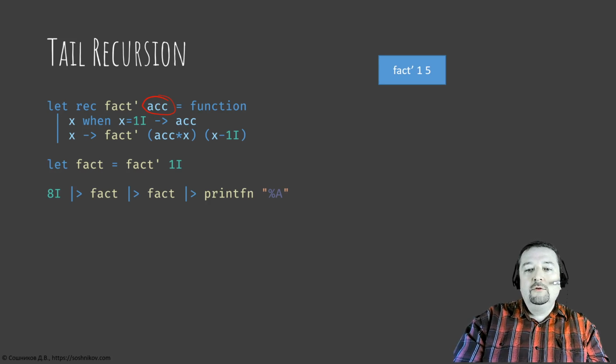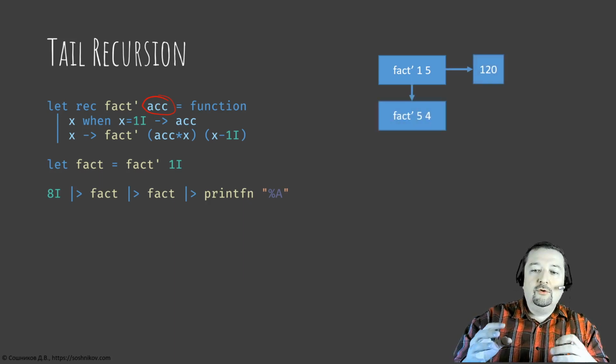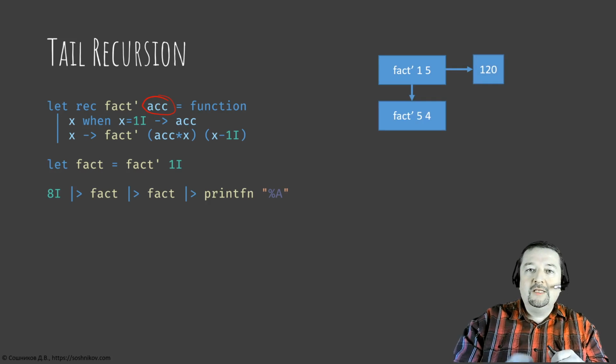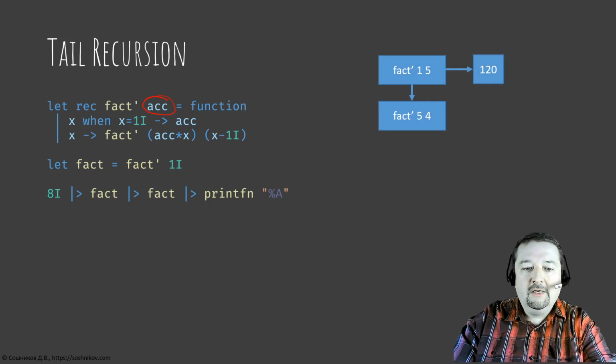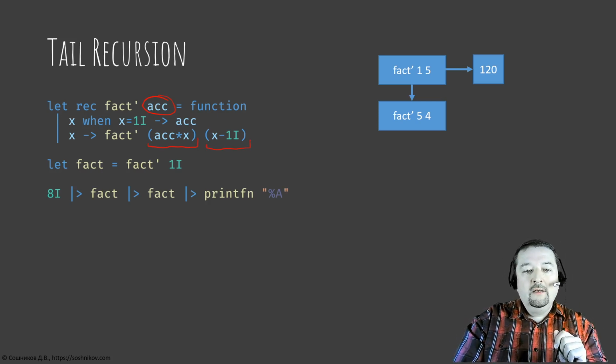First we will start the function with this parameter being equal to 1. And then if I want to calculate the factorial of 5, I would multiply this accumulator by 5. So here, you see, when I invoke the function, I decrease x by 1, and I multiply accumulator by the current value of x.